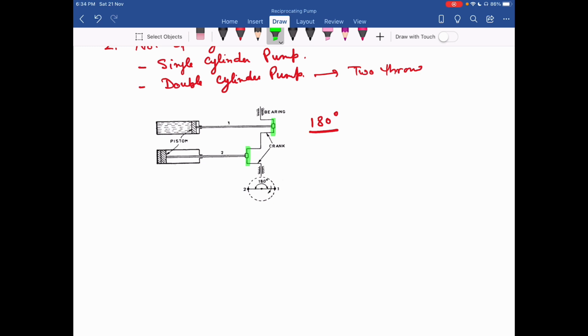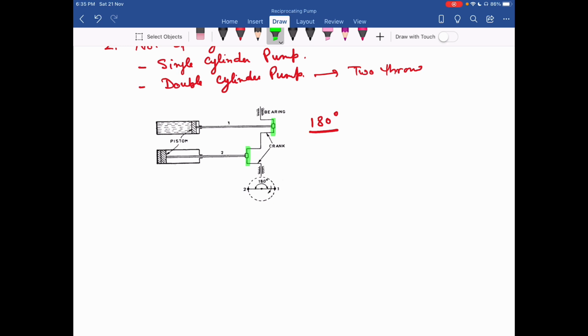So thus, when there is a suction stroke in one pump, in another pump there is a delivery stroke. Accordingly, the crank is set like that.